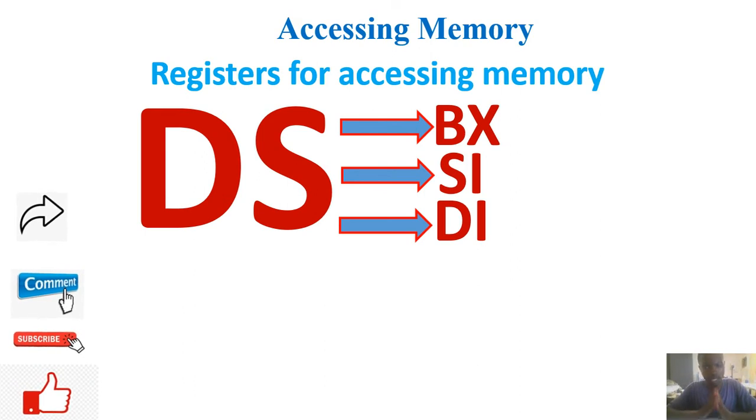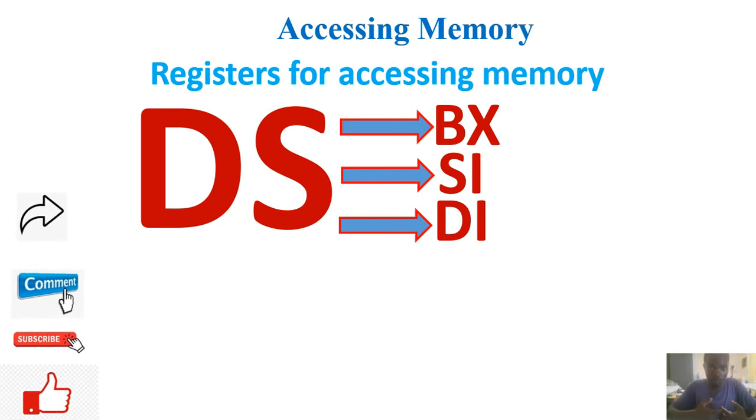When you want to calculate the physical address given BX, you know the segment register to use: you use DS. If you want to calculate the physical address given SI, the SI value becomes the offset and DS becomes the segment register value. So you know what to do.